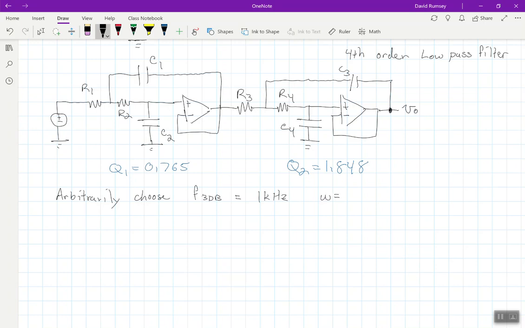But that means omega is 2 pi kilorads per second, because omega is just simply 2 pi f. Great. So we've got that now. So now, believe it or not, all that's remaining is magnitude and frequency scaling. So this might require trial and error.